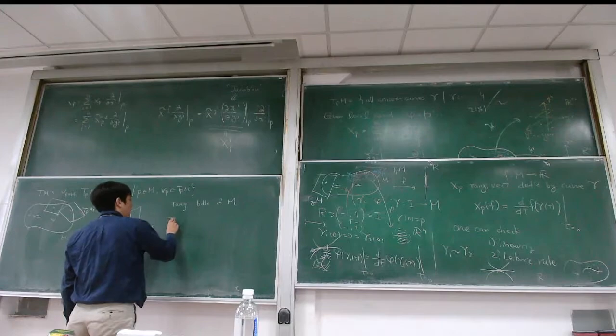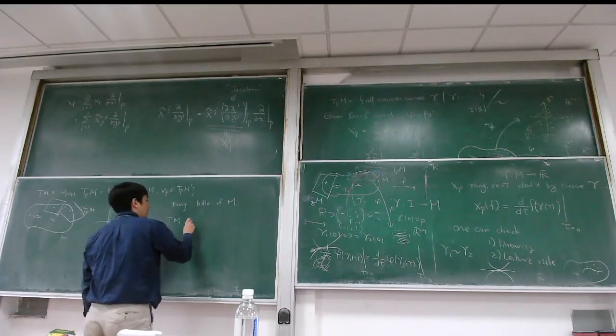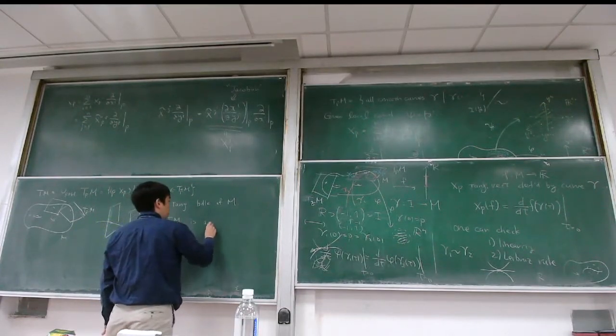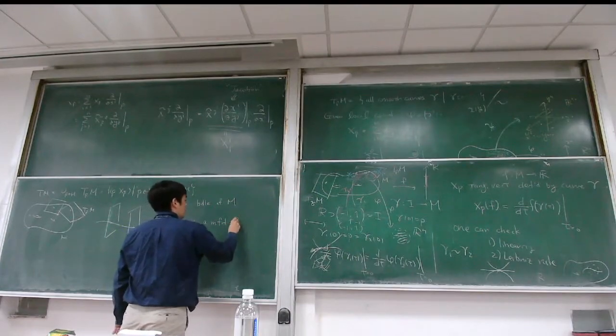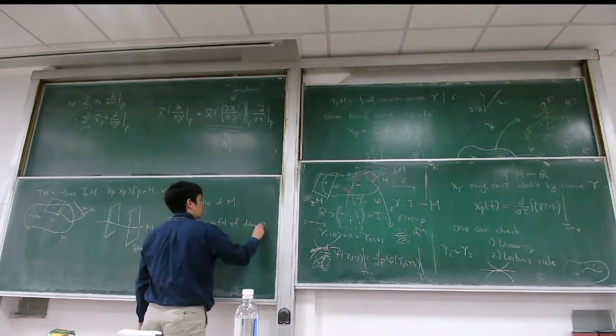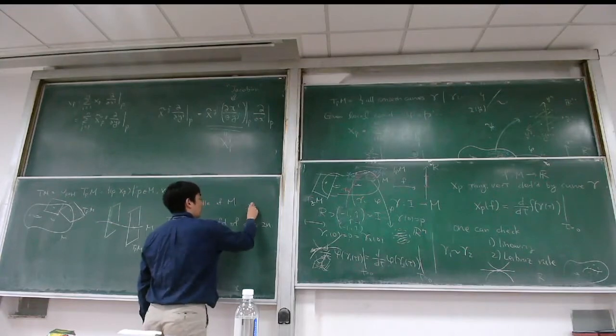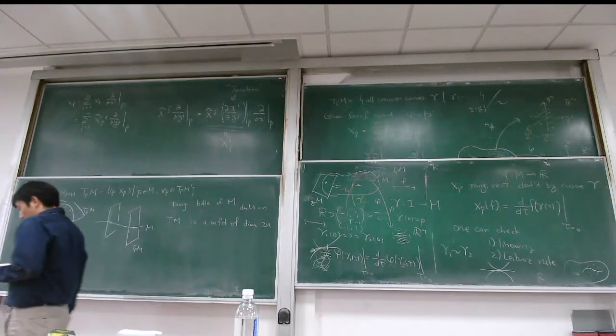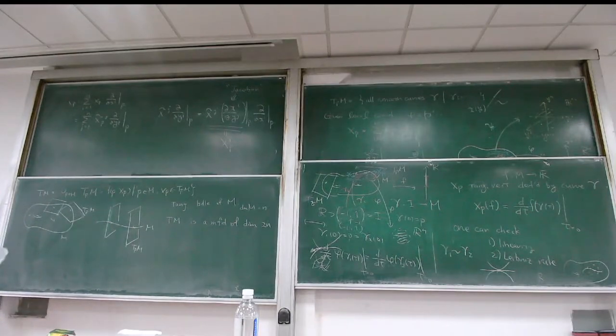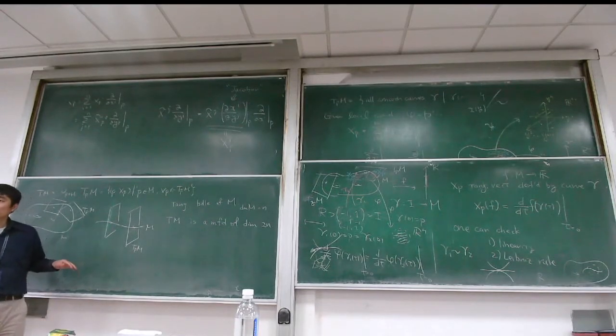So TM itself, the tangent bundle, is a manifold of dimension 2n. Of course, the dimension of M is n. So that can be intuitively clear, right?